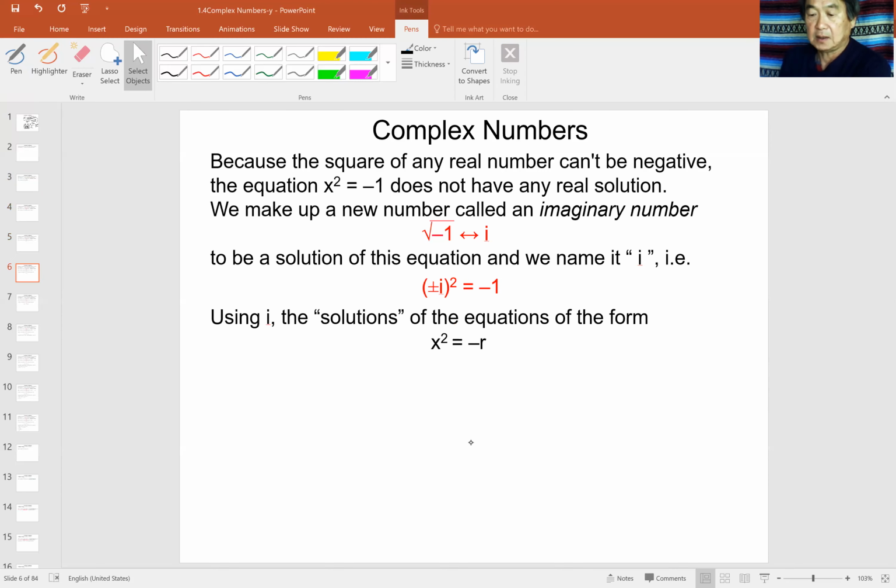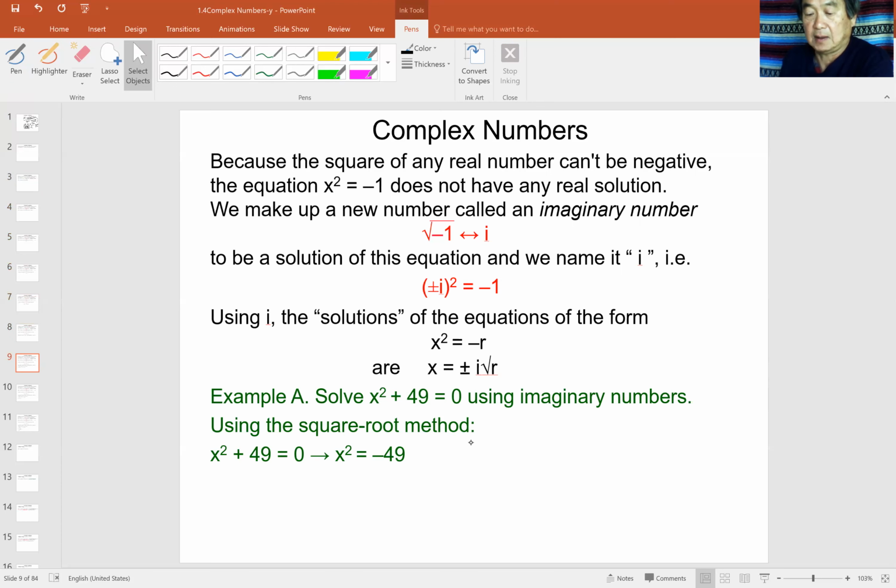In this case, I can answer questions like what number squared gives you negative 49? The answer is the square root of 49, which is 7, times i. I can take the 49 out, and the square root of 49, I know what that number is. It's a 7, and then I still have the square root of minus 1, and we call that i. So we can write the answer as 7i, plus or minus.